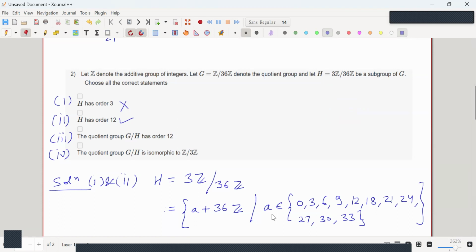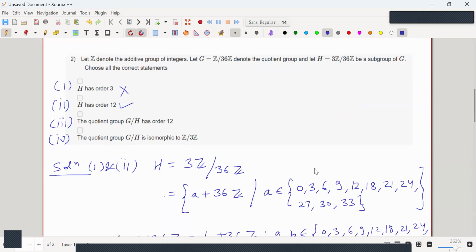Okay. So now it says the quotient group G by H has order 12. So you have this G, you have H. The second and the fourth part: G mod H is isomorphic to Z mod 3Z.